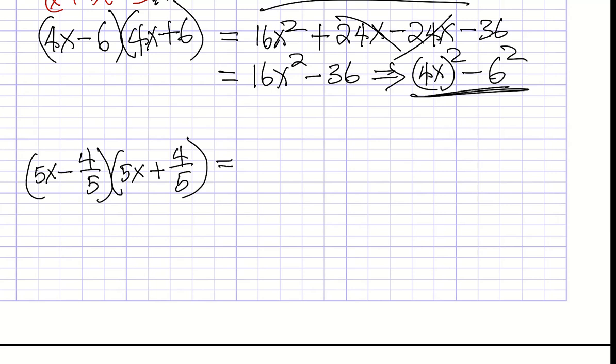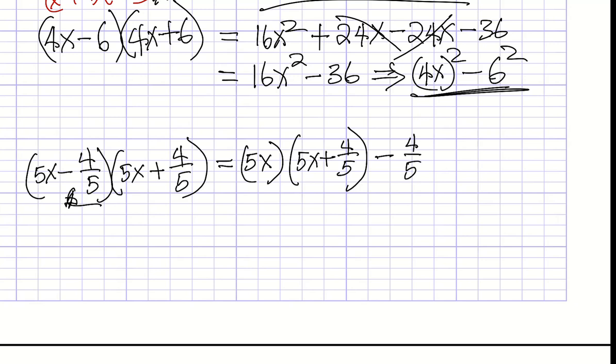You write it out: 5x times 5x plus 4 over 5, and then negative 4 over 5 times 5x plus 4 over 5.